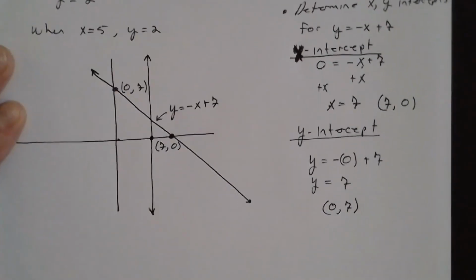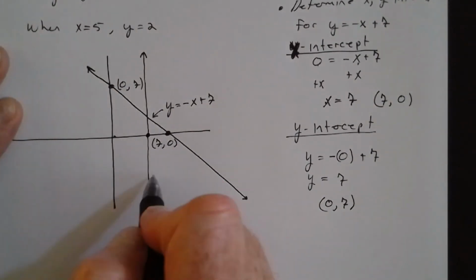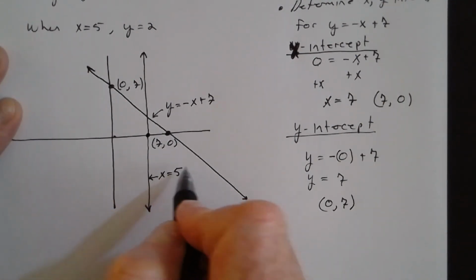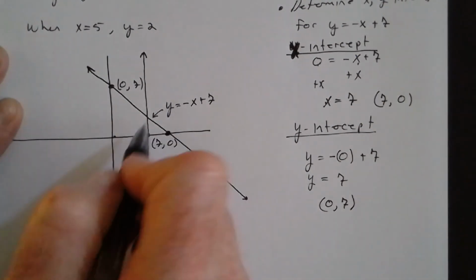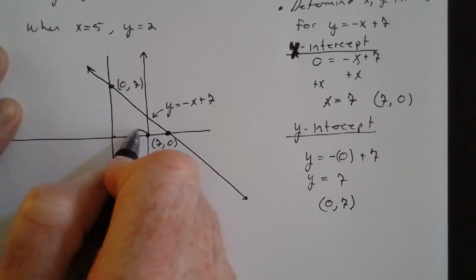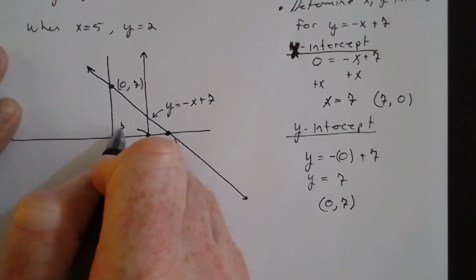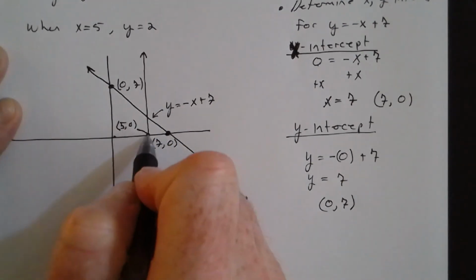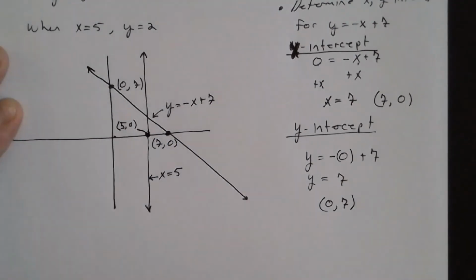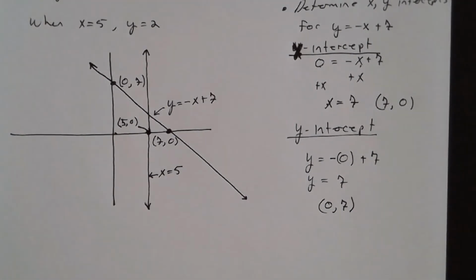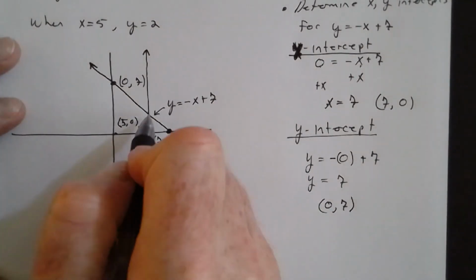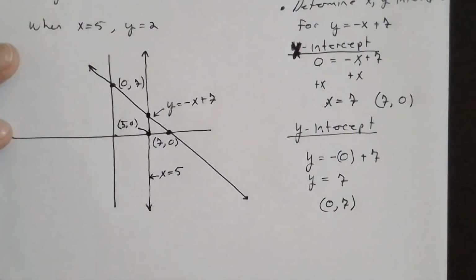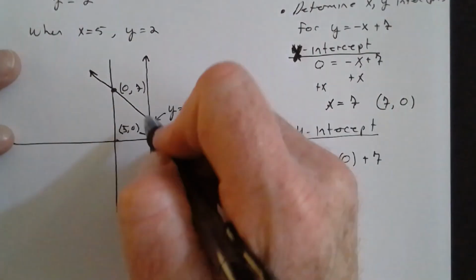It's a vertical line, and it passes through the point 5 and 0. Our intersection, of course, is here. Our point of intersection is there.